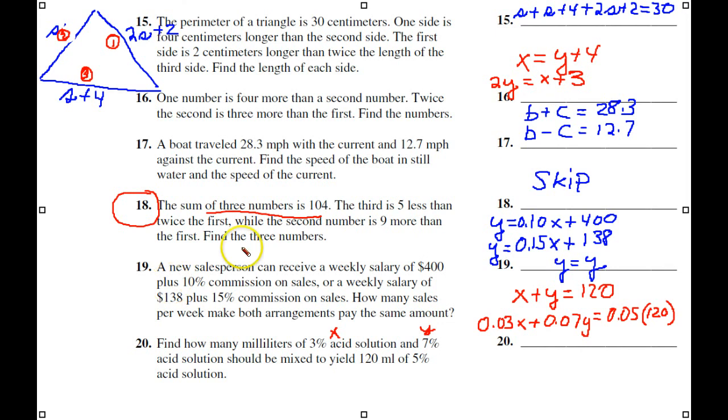Now here's a salesperson who receives a salary of this with 10% of their sales, or a salary of this with 15% of their sales. How many sales per week make both arrangements pay the same amount? So here we set this one up again from chapter 3. y equals this.